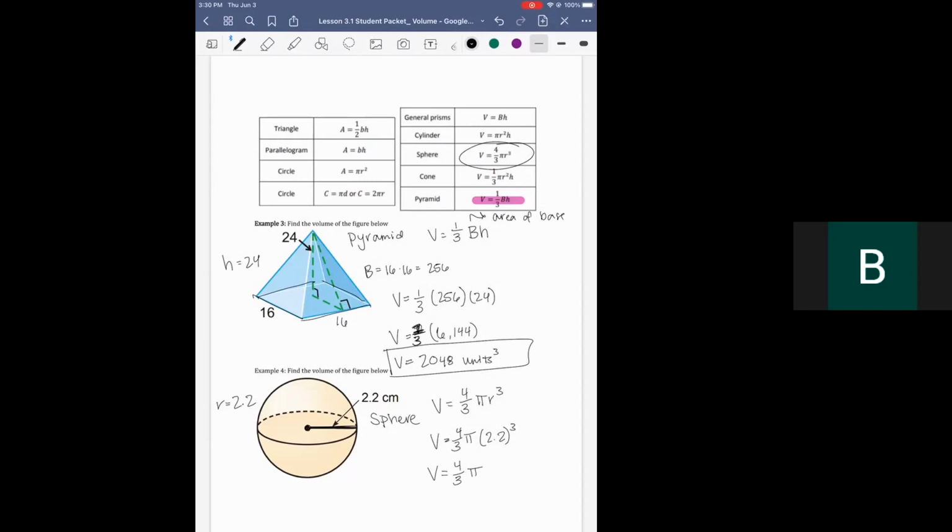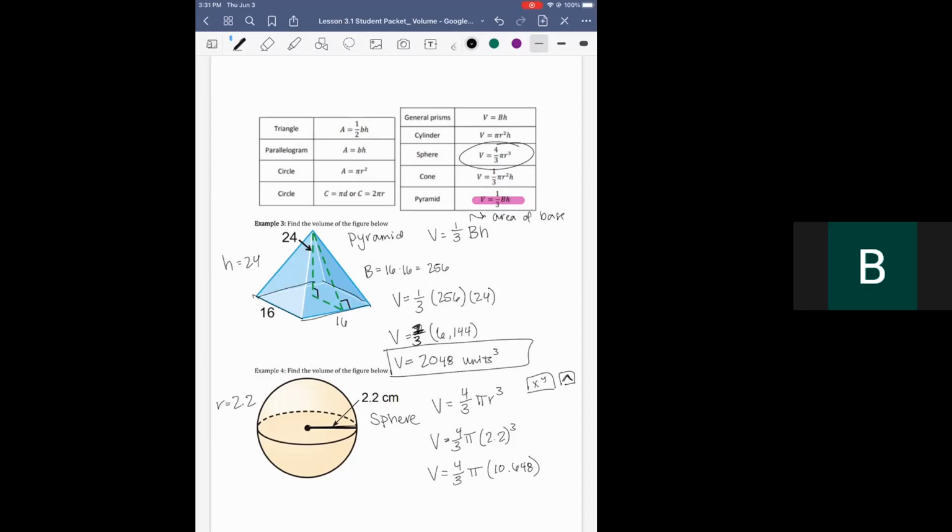So we're going to do 2.2 X to the Y. And the button looks like that. If you're using a regular calculator, you might see a button that looks like a little caret. Both work. Cube. So when you cube it, you should get 10.648.